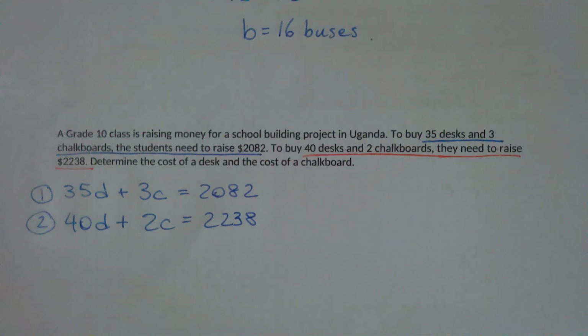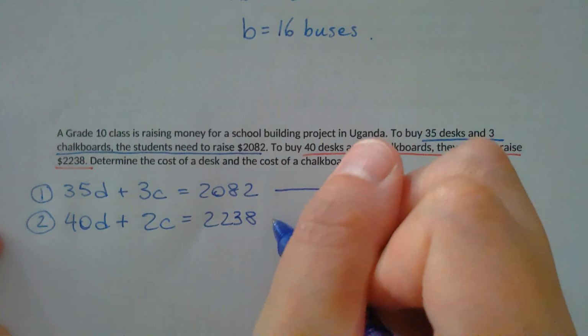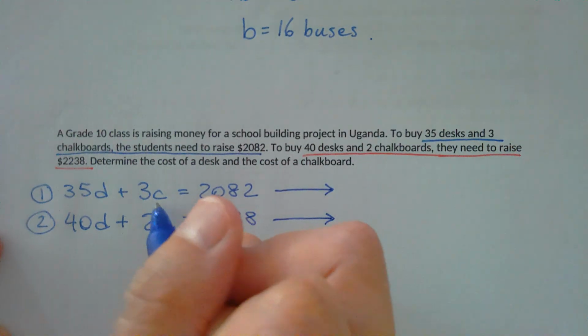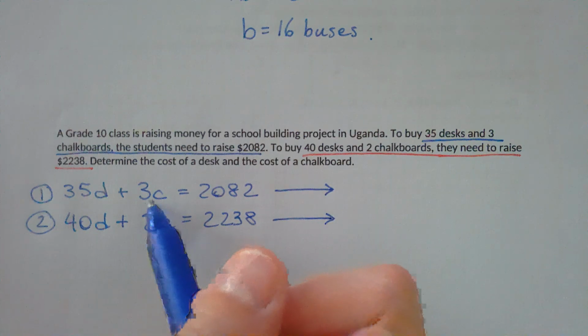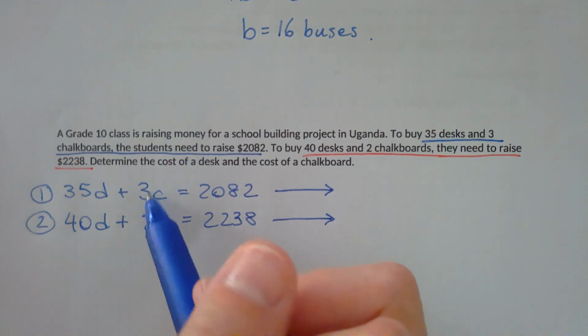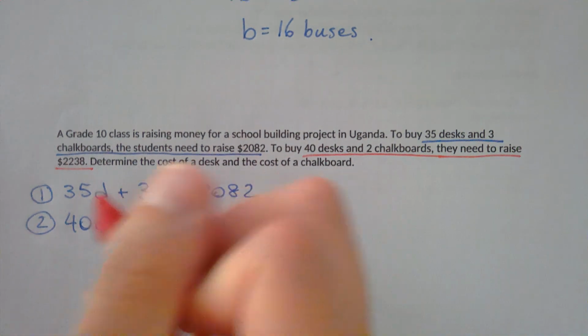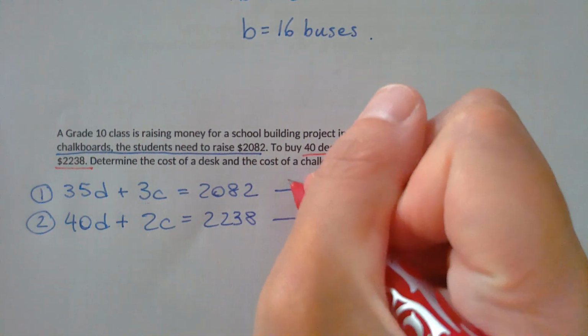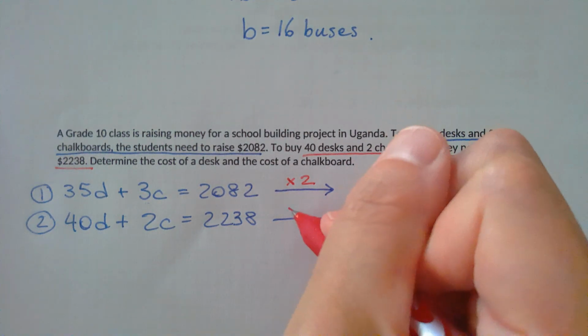2,238. Okay, I'm going to use the method of elimination now. So to do elimination, I need to match the coefficients. Looking at this, it's probably easiest to match the coefficients for 3 and 2, which is 6. So that means I have to multiply this whole first equation by how much? 2. And multiply this whole second equation by 3.